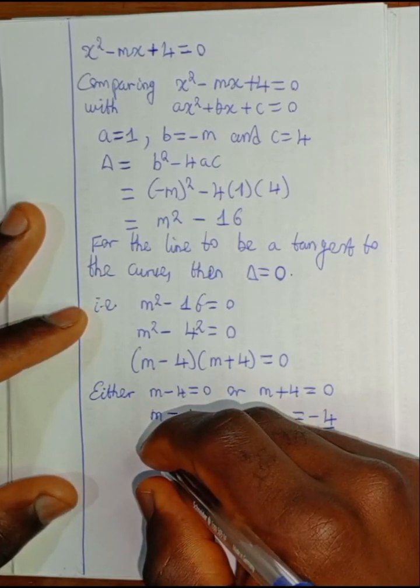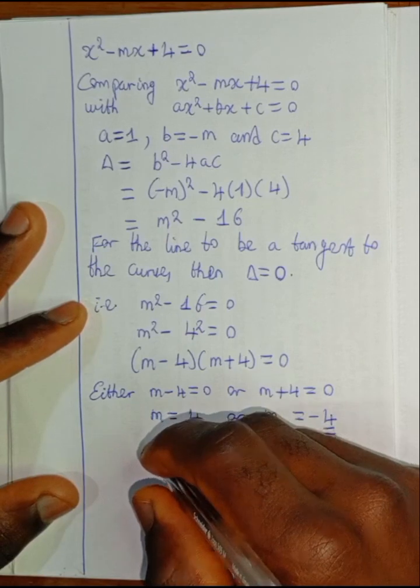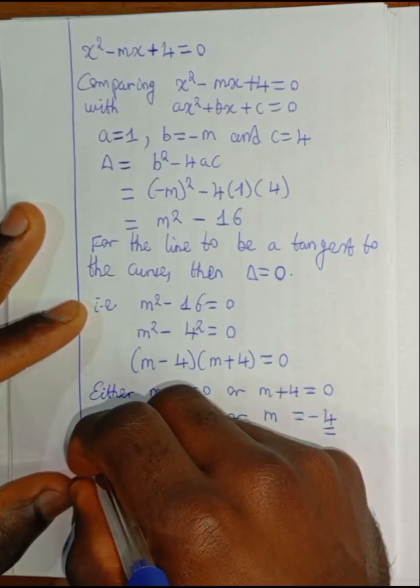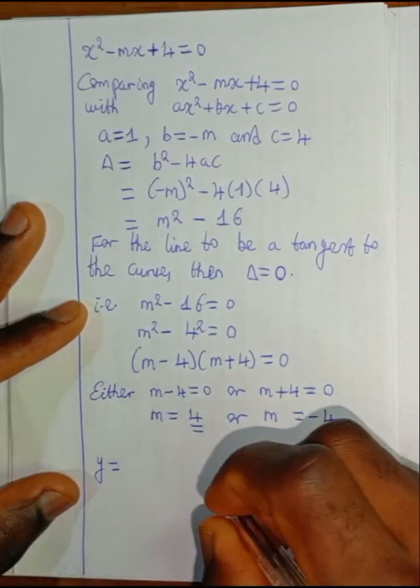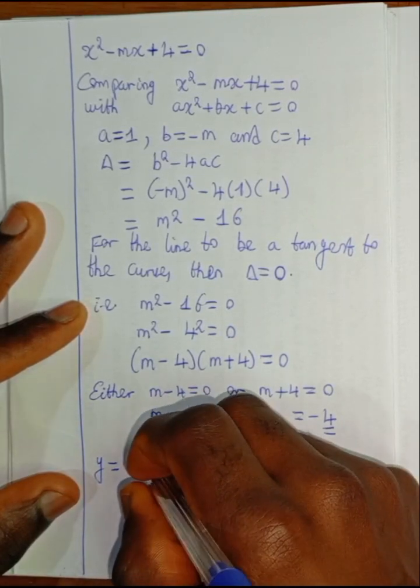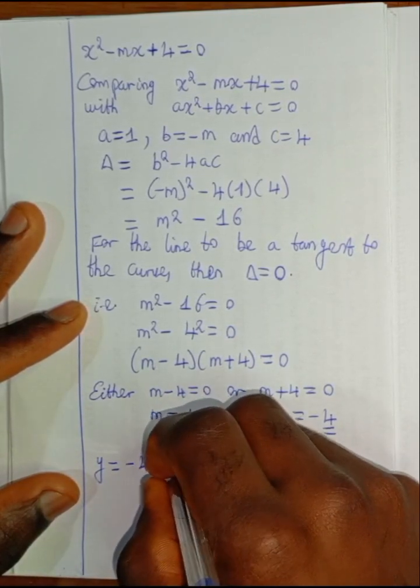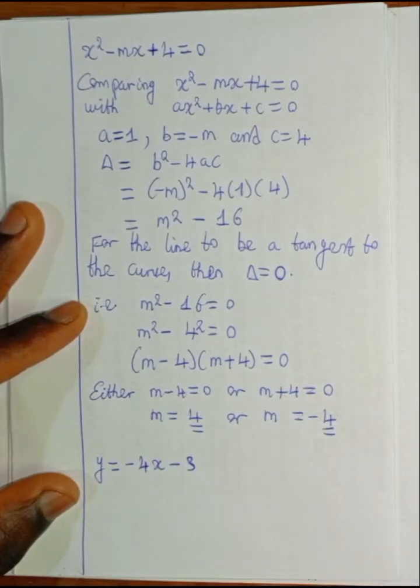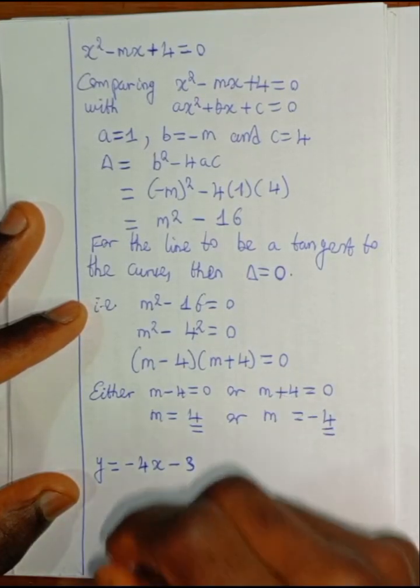Now we can write down the equation of the line. The line might be y equal to, we take negative 4, replace m with negative 4, x minus 3. So this is the first possible equation of that straight line.